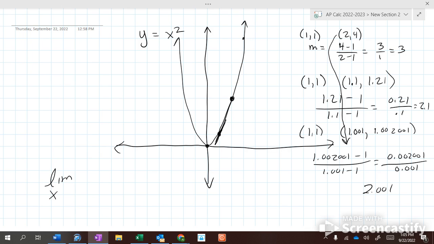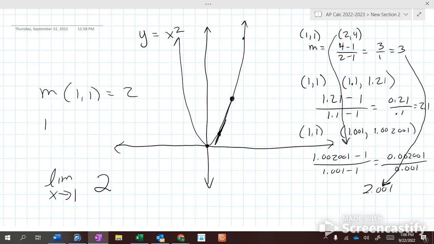So we're kind of finding a limit as x approaches 1. What do I get with my slope? I was at 3, then 2.1, now I'm at 2.001. I'm really getting close to 2. So the slope of this curve at the point (1, 1) equals 2.